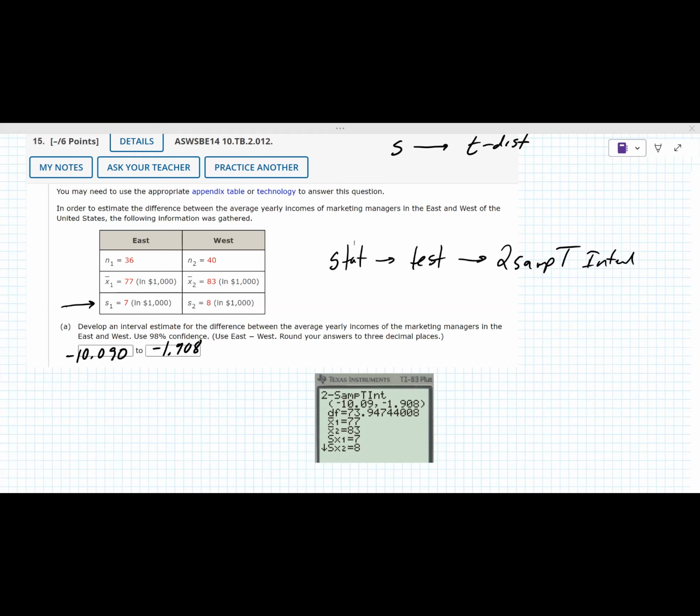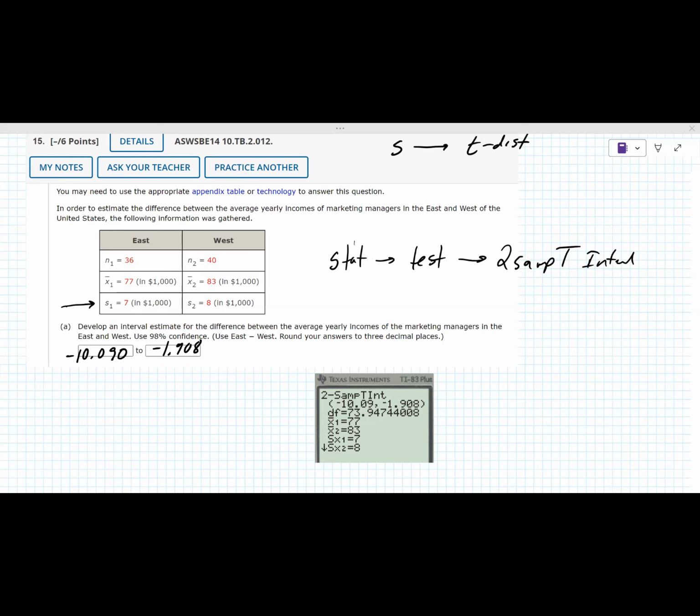Shoot. I wonder if I can scroll up. No. Let me just get to where I can log into another program I use to answer these questions. All right, stat, T stats, 2 sample, summary. So I have to re-enter the data here, but doing it on a computer should go faster.